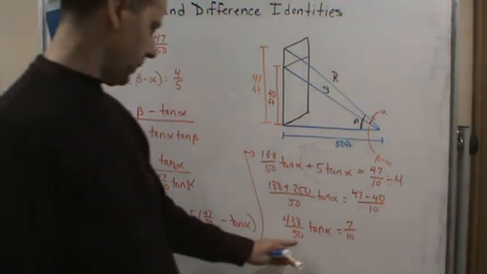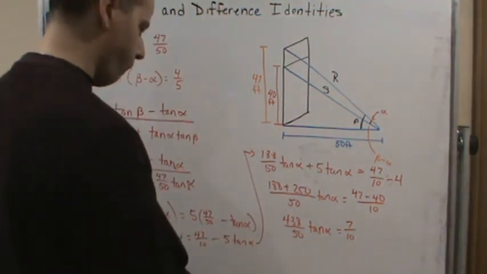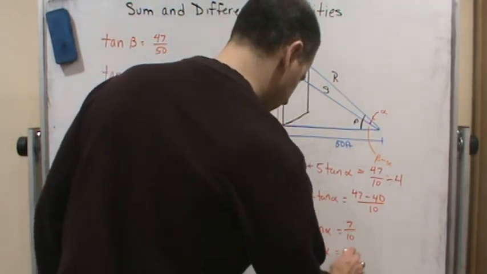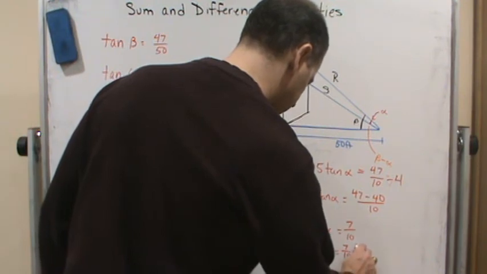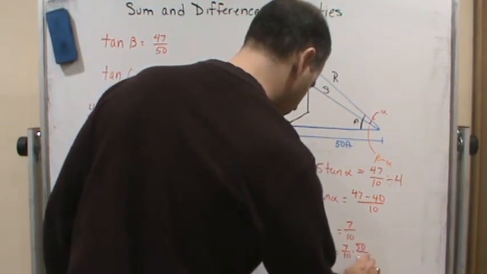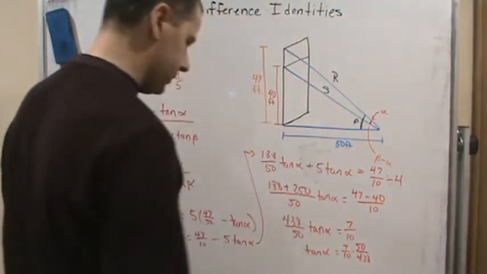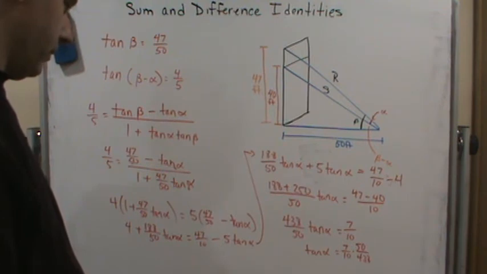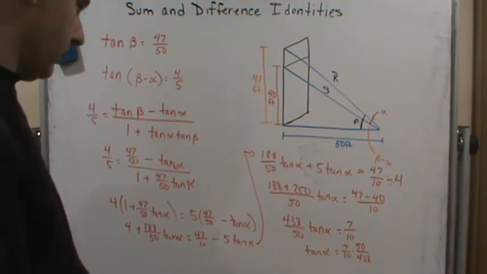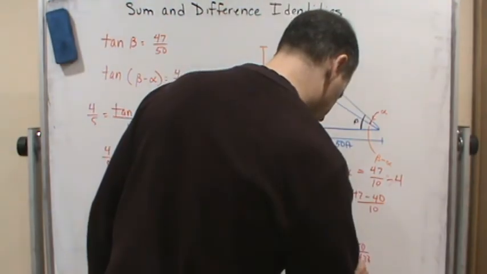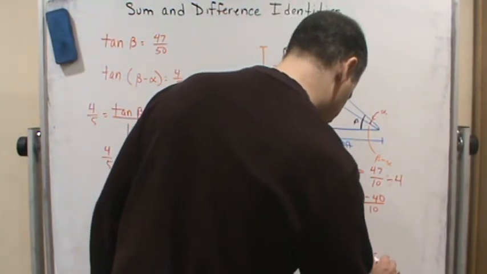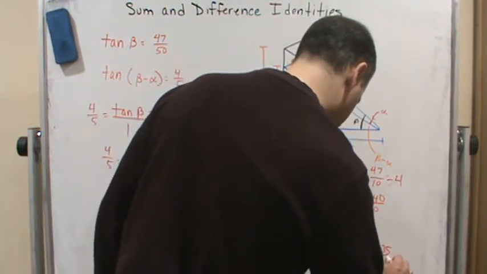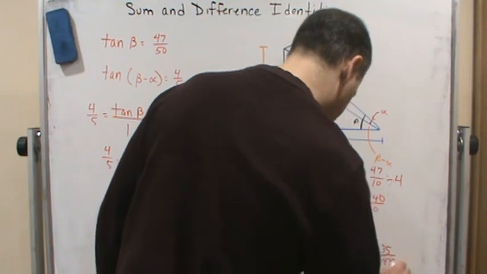And now I'm just going to multiply both sides by the reciprocal. And that's going to give me tangent alpha equals 7/10 times 50/438. Okay, and so this is going to cancel with this. This is going to give me 5, so this gives me 35 over 438.